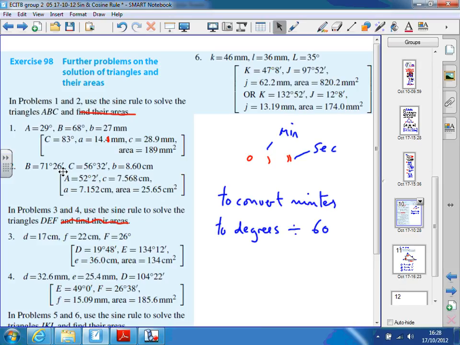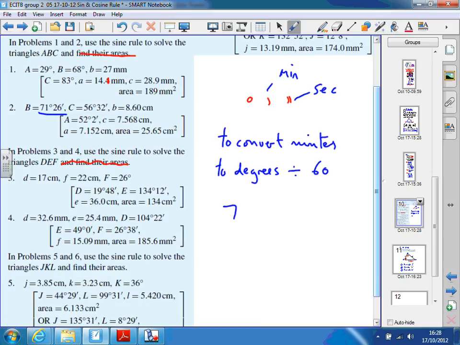So if I want to put in, for example, 71 degrees 26 minutes, this one here, I type into my calculator 71, and then hit the degrees, minutes, seconds button, and then I would put in the 26 minutes, and then I'd hit the button again.